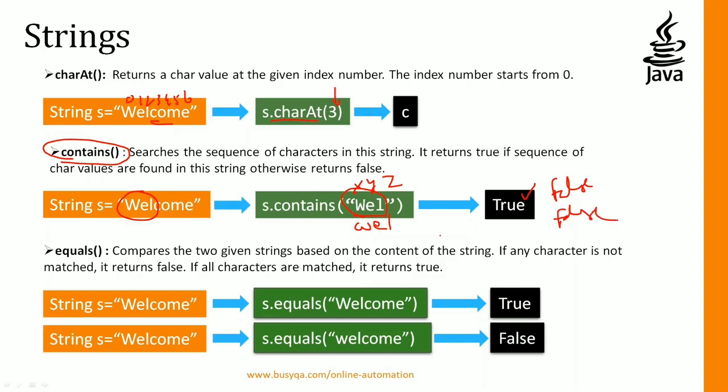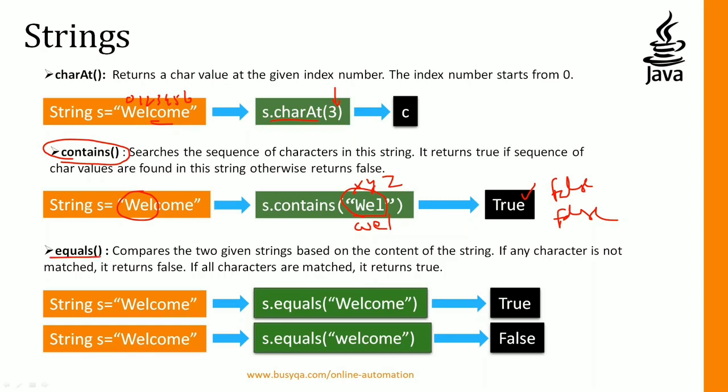You need to follow the case sensitivity here. If W is an uppercase letter, it will match. If W is a lowercase letter, it will not match. So contains will return either true or false. It will verify whether this string is present in the main string or not. If it is present, it will return true. If it is not present, it returns false. That is the contains method.